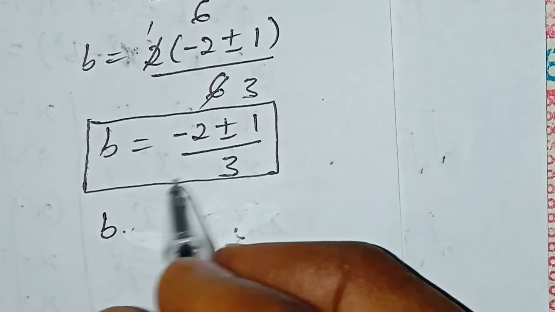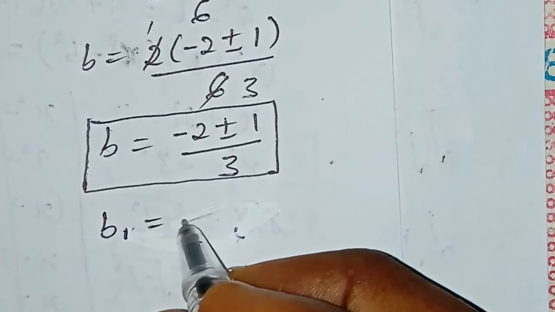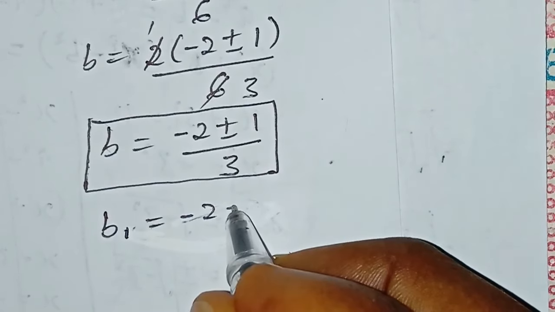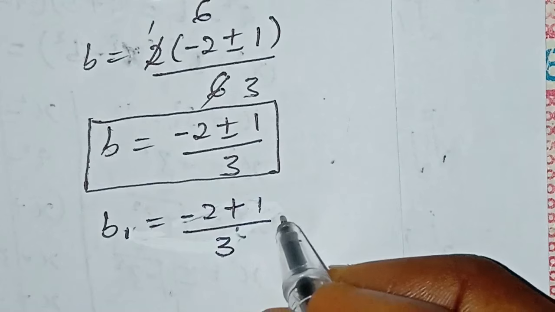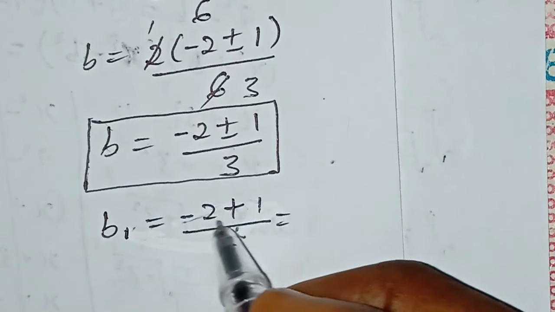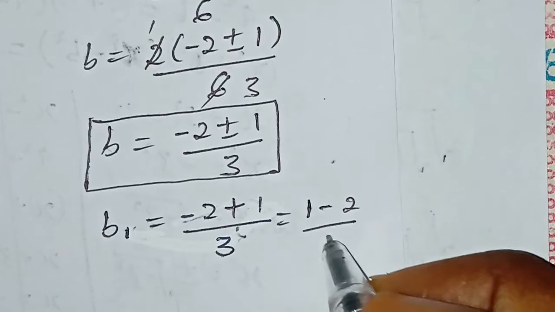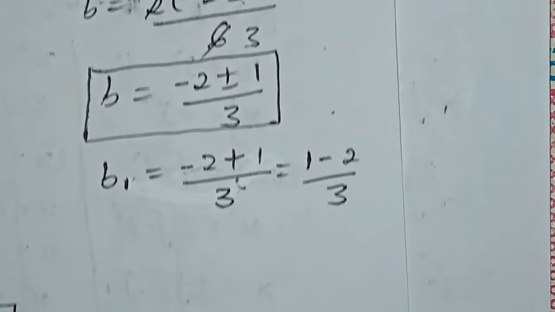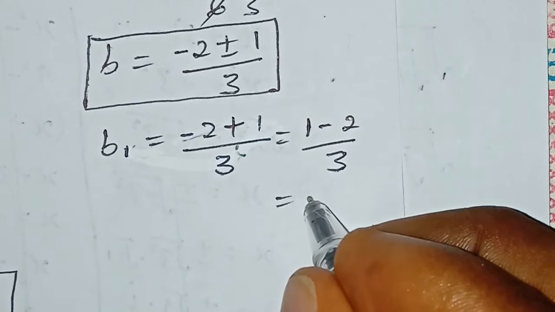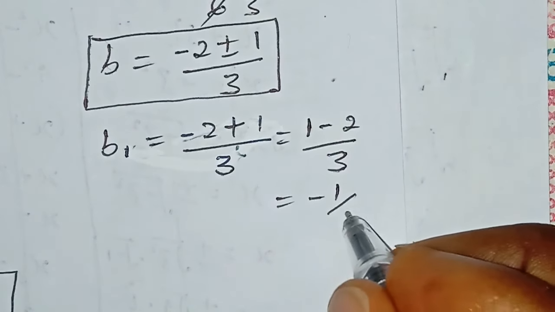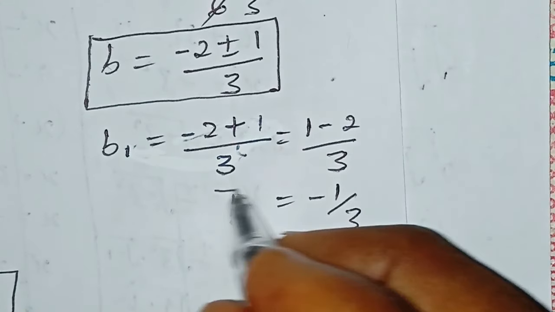B implies two values, which are b1 equal to minus 2 plus 1 over 3, which is equal to 1 minus 2 over 3. Okay, and this is given as minus 1 over 3 as the b1.